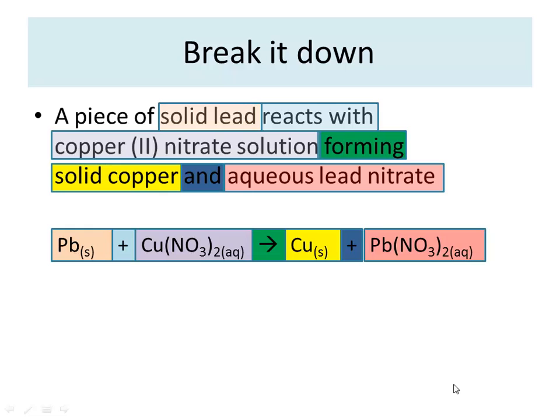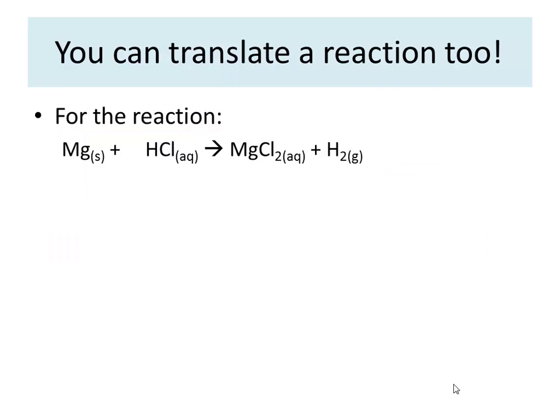So what you would expect to see here is a piece of lead solid put into some copper nitrate solution. In the end, the copper would end up as solid, and we'd be left with a lead nitrate solution. So that's what we'd observe from that reaction.